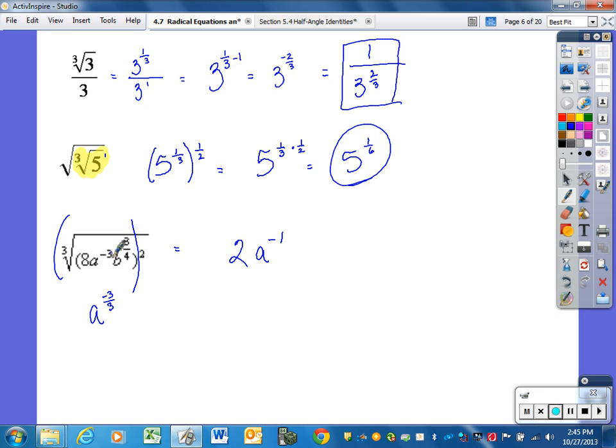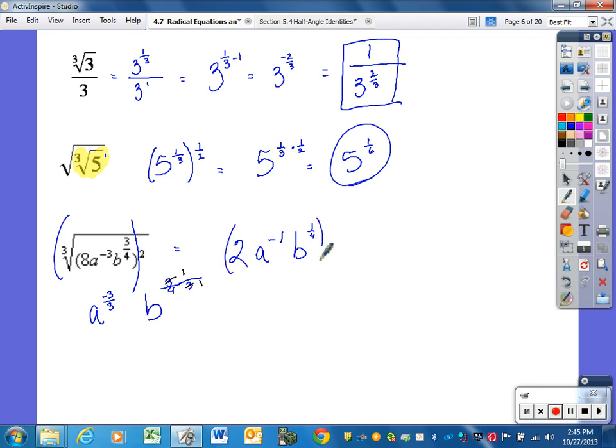Just like I took this power divided by root, power over root, I'm going to do the same with my b's. My power is 3/4. Fraction bar is already divided by root 3. What happens to your 3's? They reduce out, so I have b to the 1/4.